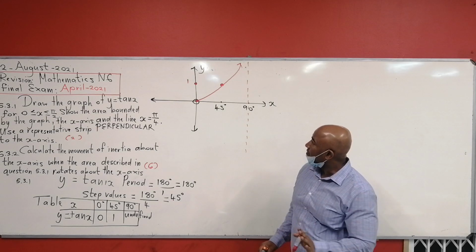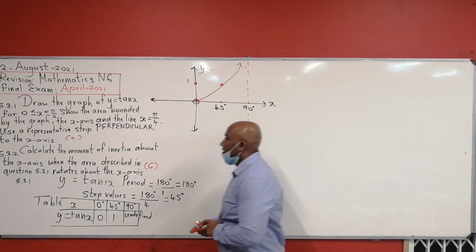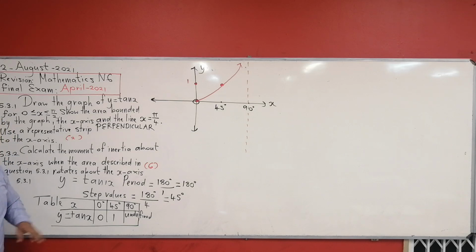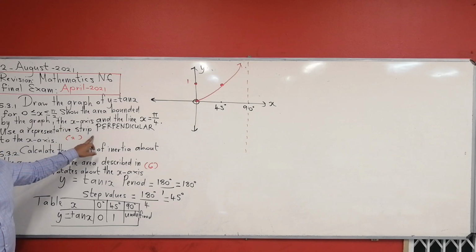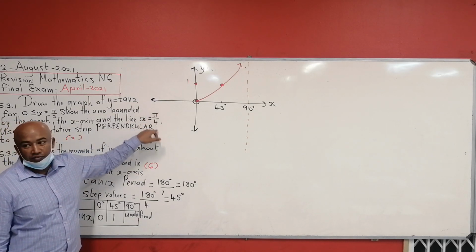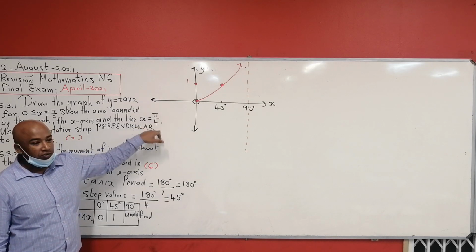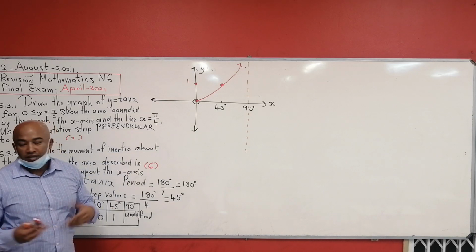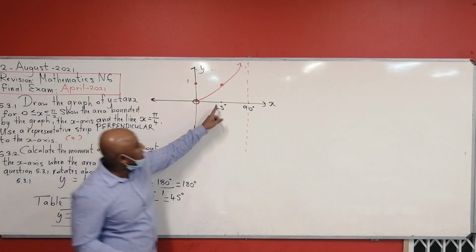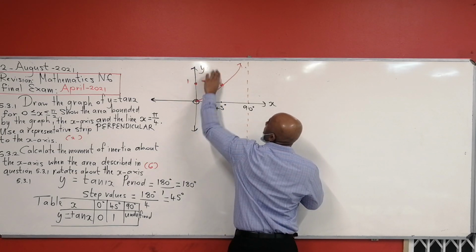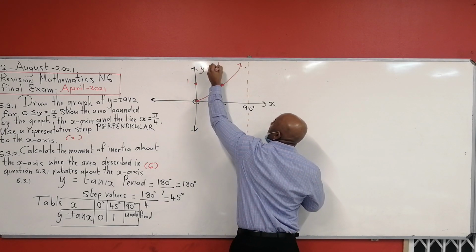Right. Now, we've got the graph of y is equal to tan x. Now we also need the line x is equal to pi over 4. What is pi over 4? 180 divided by 4, which is just 45 degrees. So here is my 45 degrees. You take your ruler and you draw a straight line here.